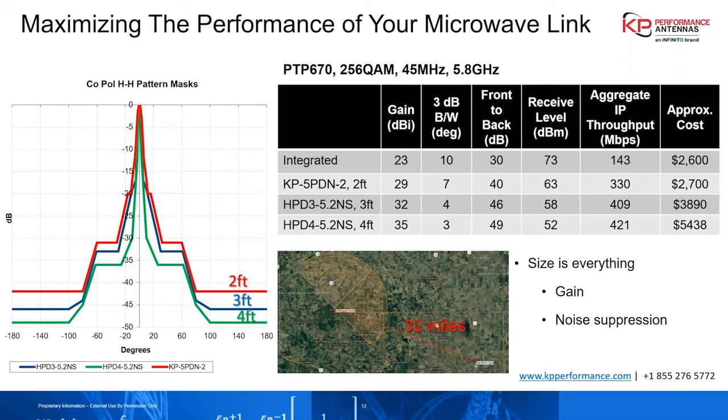The added benefit here is that you're going to have that much more noise canceling power if you have interference from a specific direction. You're going to be able to reduce the noise because your side lobes are that much lower going to the larger size dish. So you can see there are considerations both on the raw signal strength that you're going to get, but also your noise cancellation when you're choosing between your parabolic antennas.